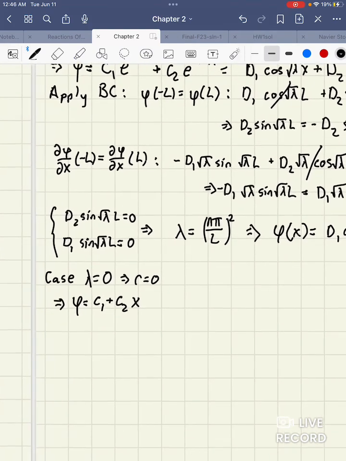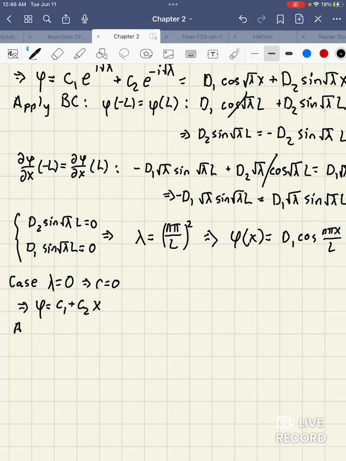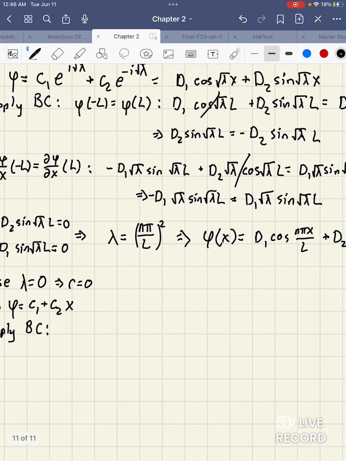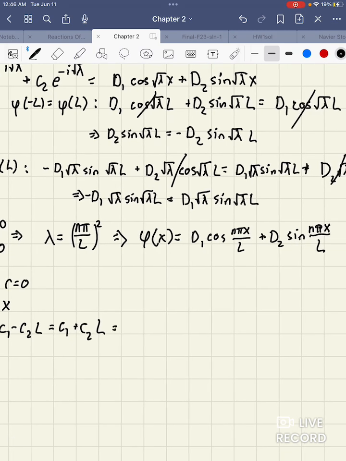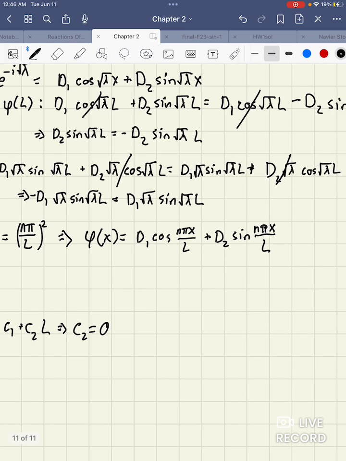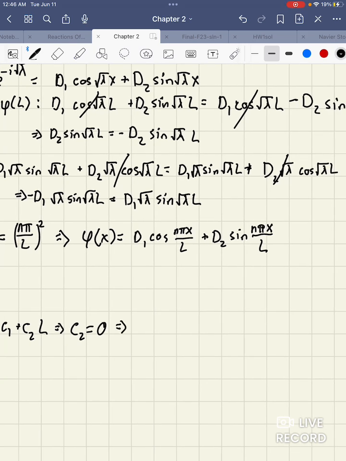Now, applying the boundary condition, that will lead me to c1 minus c2 L is equal to c1 plus c2 L. So therefore this is possible only if my c2 is equal to 0. Now this means that my phi is equal to c1.